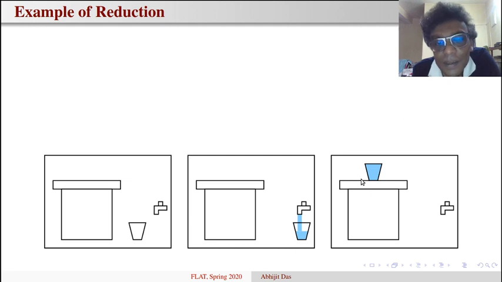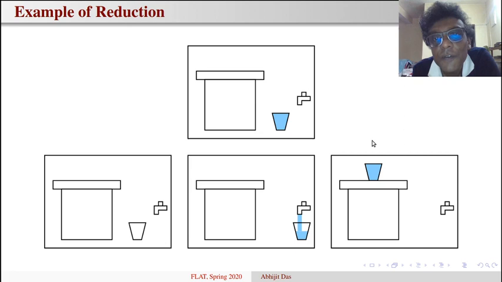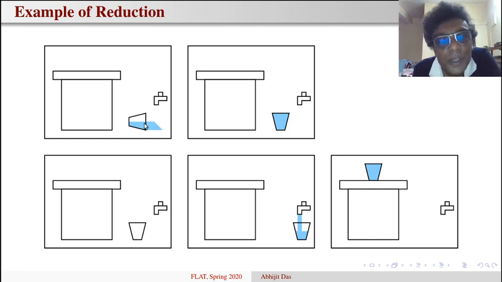On another day, the mathematician is asked to do the same thing, put a bucket full of water on the top of the table, and he enters the room. This time he finds that the bucket is already full of water. What he does is, he just drains out that water from the bucket, and then the situation he faces is like this. So the mathematician is now very happy to declare that, okay, I have reduced my new problem to the old problem, which I know how I can solve.